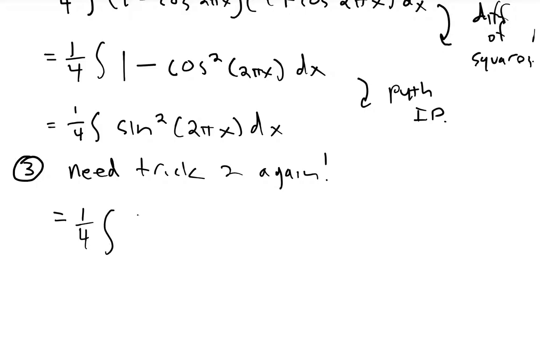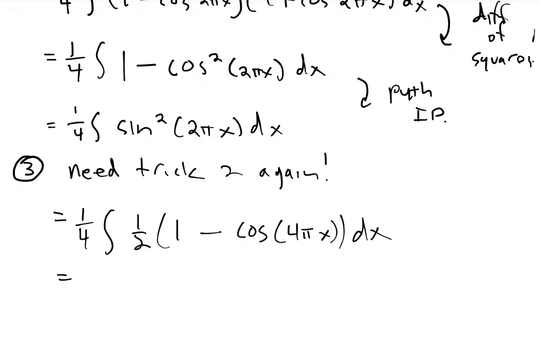Rewrite my sine squared as a half times 1 minus cosine of 2 theta. 2 theta here is 4 pi x. At this point, after you substitute, we want to try to simplify. If you want to pull out that coefficient, if that would help you, that's totally fine. So there's a little bit less clutter happening here.